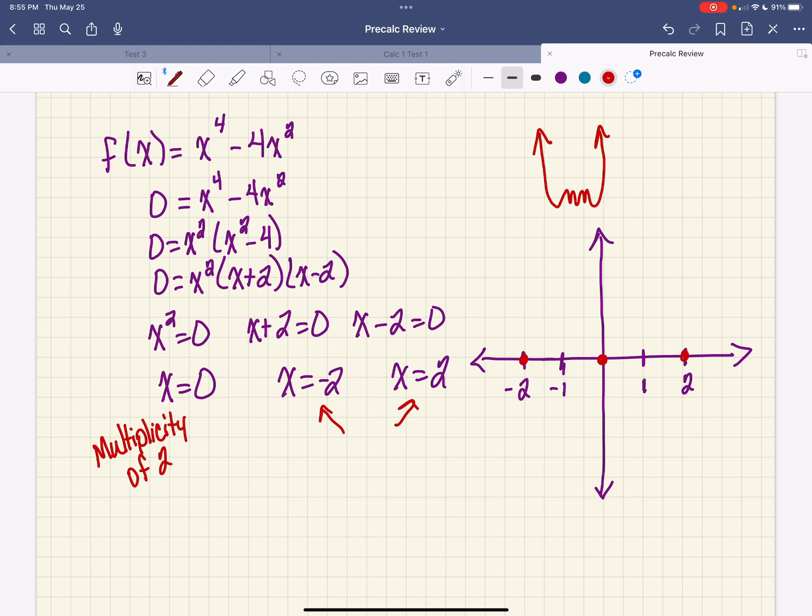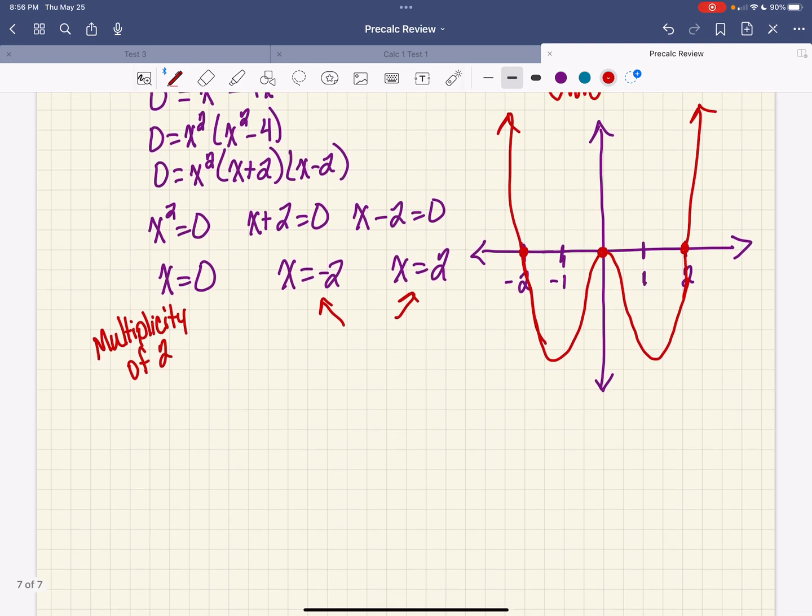And we know from here we're going to go up. Okay, we cross the x-axis at negative 2 and positive 2. Okay, we don't know how far down we're going, so that's something that we're going to learn how to do in calculus. Okay, and then we're going to go up and we're going to bump that. And that is because of the multiplicity of 2, because we've got x squared equals 0. That's why we bump right there. Okay, that's how we think about graphing that.